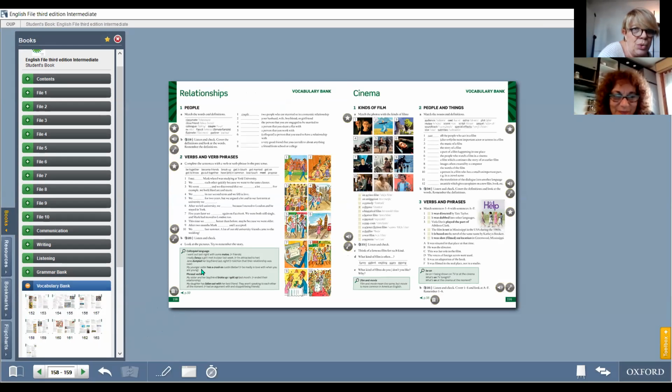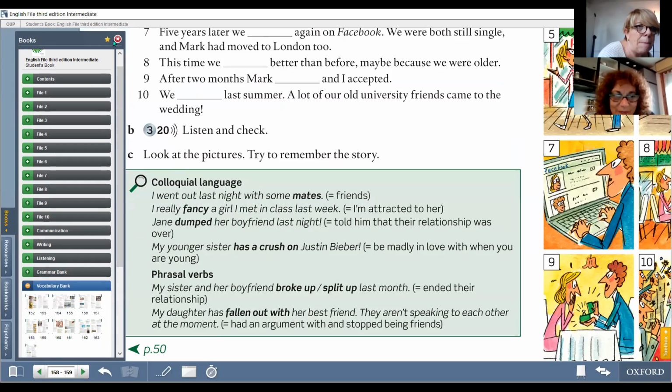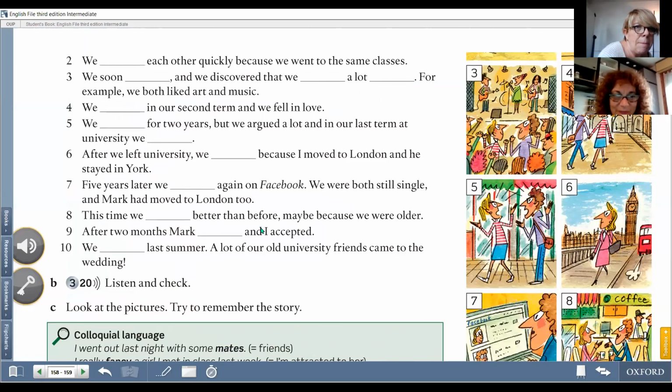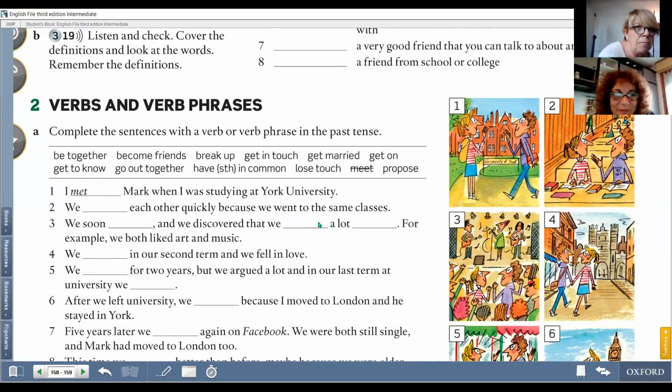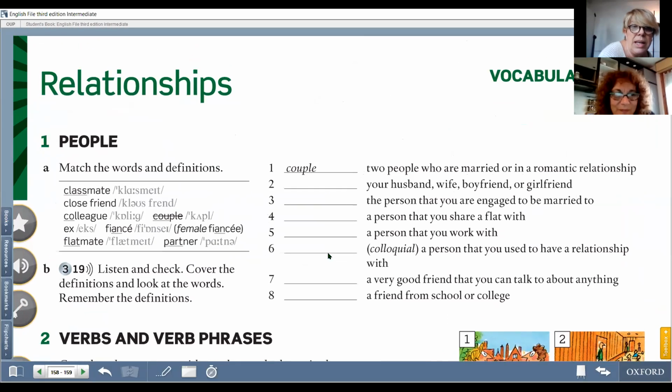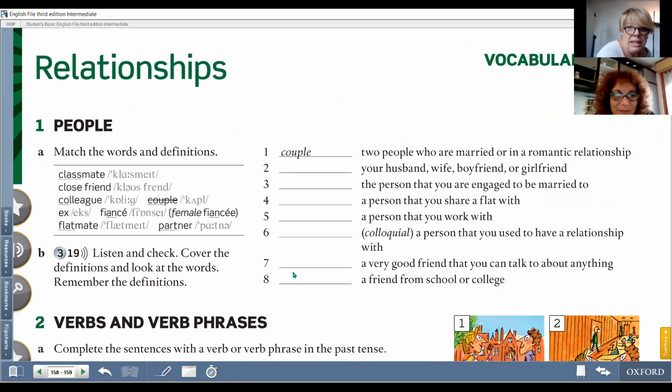I wanted to see relationships. Especially in this moment, relationships are so difficult to maintain, to keep. Let's see what kind of vocabulary we can use.